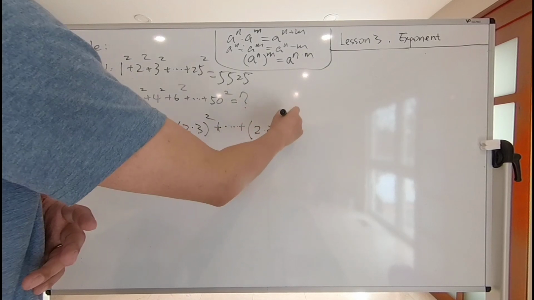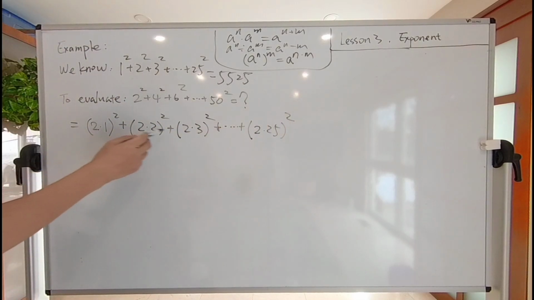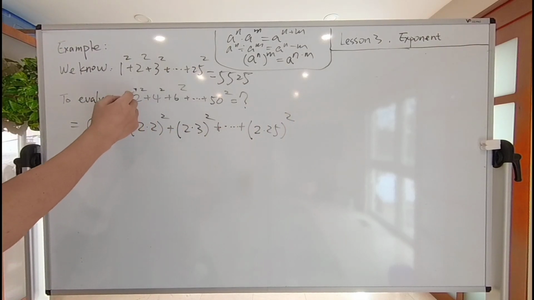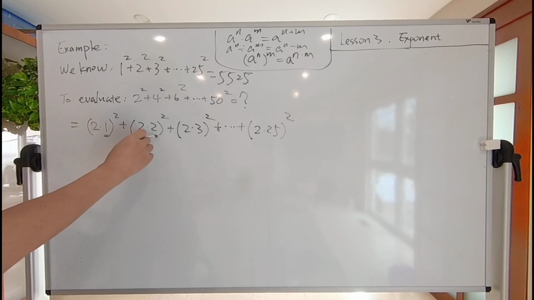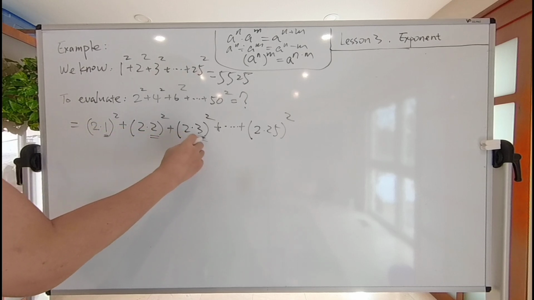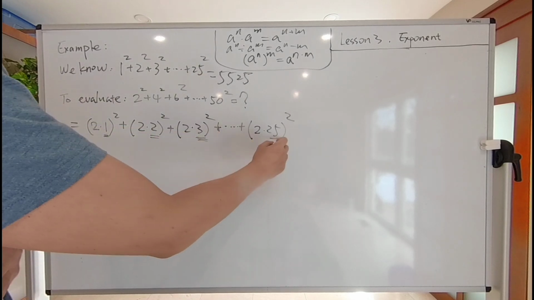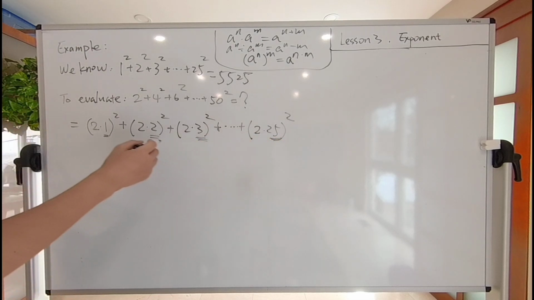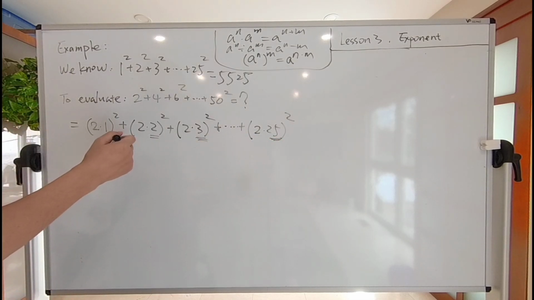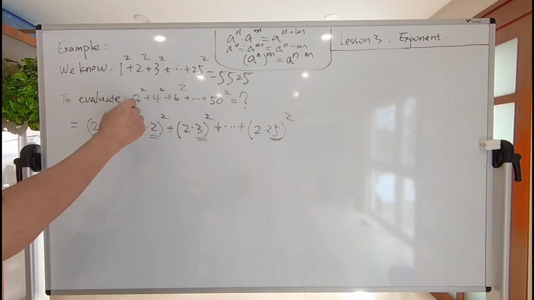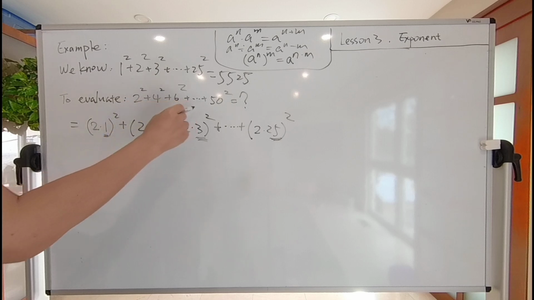If I write each as 2 times another integer, then this non-consecutive series will become a consecutive sequence if we only look at the second number. In other words, it is consecutive even numbers.